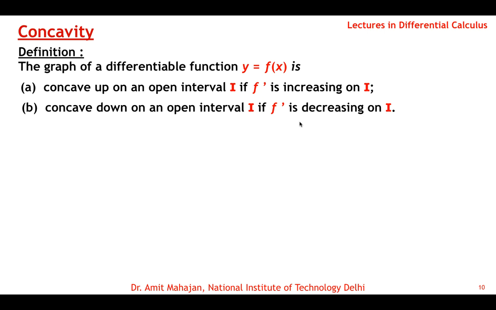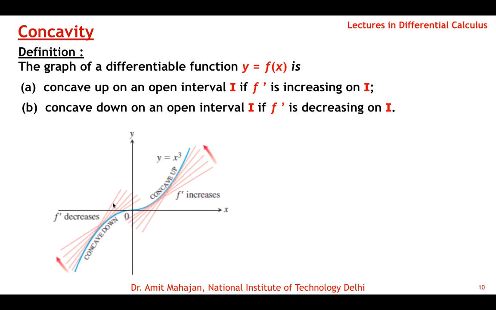So for example, if you have a curve y is equal to x cube, then from left to right as x values move, what happens to the slope? The first derivative is this, and as we move on this blue curve toward right, the slope started to decrease. The slope is positive, and it is still positive, but its value is decreased.